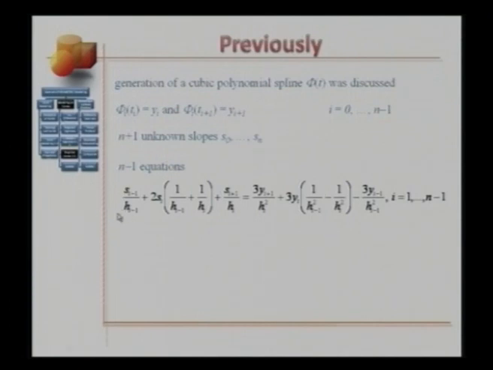This was a familiar equation that we had encountered when discussing C2 composite Ferguson curves. If you would recall, this is a tri-diagonal system, and that can be solved very efficiently.